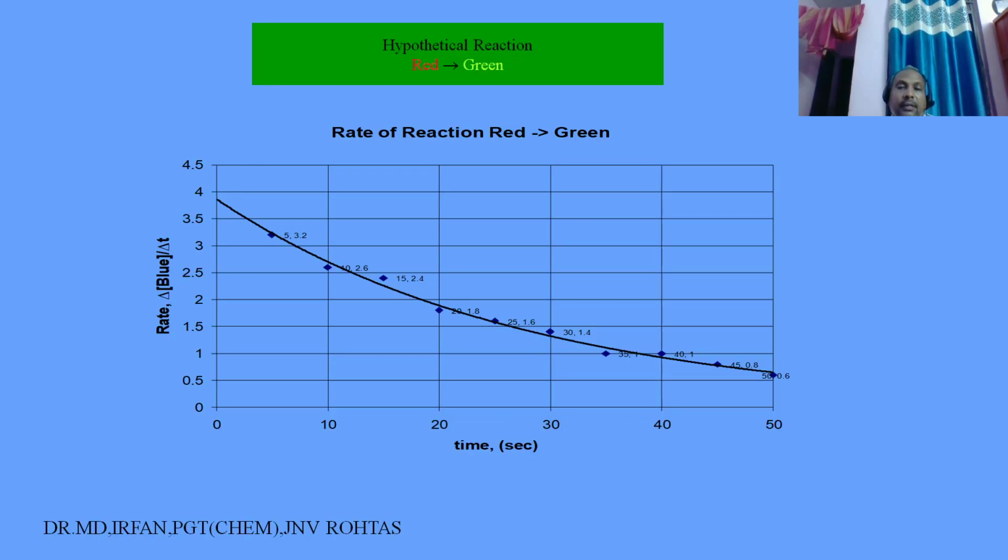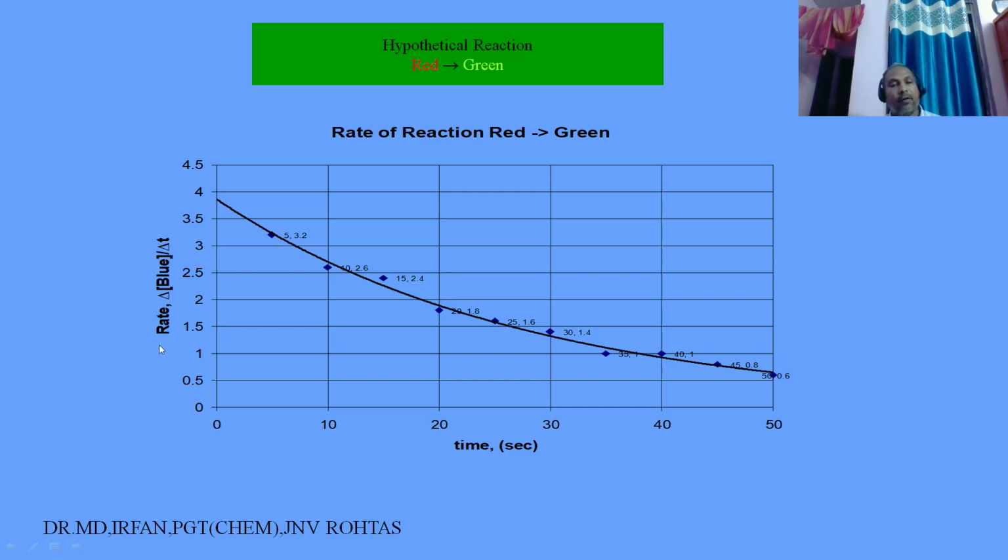Now, the rate of reaction of conversion of red molecules into green molecules can be calculated. On this graph, on this axis time is taken, and on this axis the rate of conversion of blue and green. Here, blue is equivalent to green. Must remember, rate of conversion of blue is the change divided by the time interval.